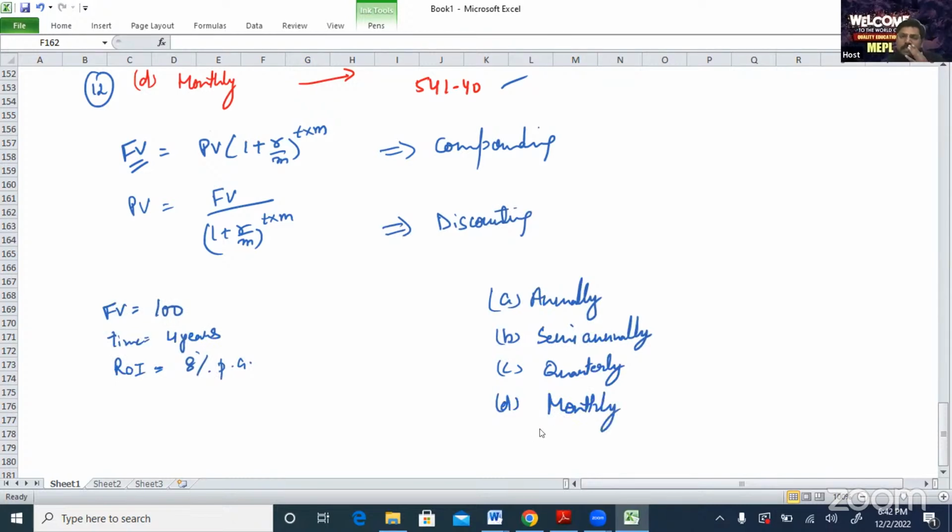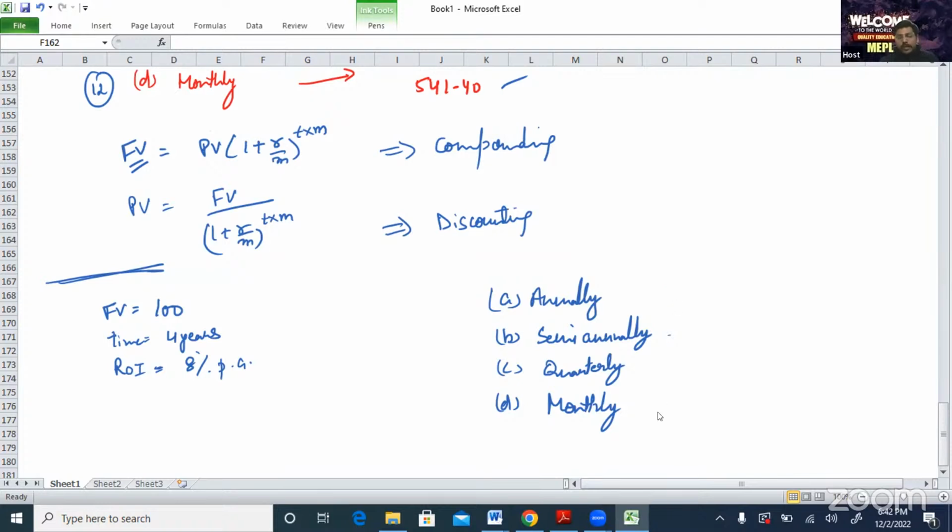If this is the scenario, then tell me the present value. So again, I am repeating my question. If I want 100 rupees after 4 years, my return is 8% per annum, but compounding is annually, semi-annually, quarterly, and monthly. So what will be my present value in all the scenarios?